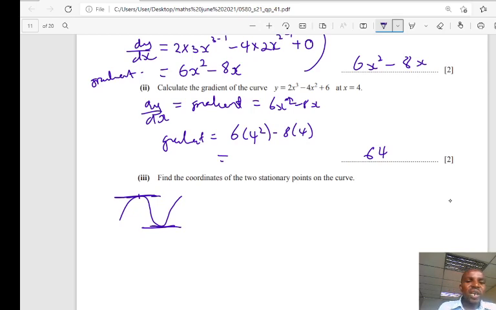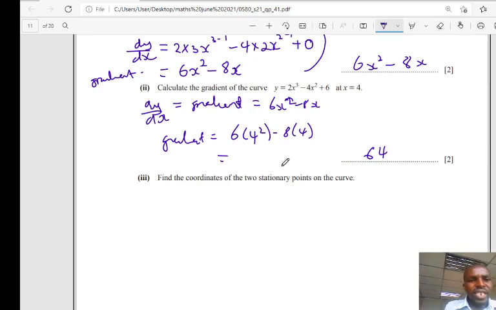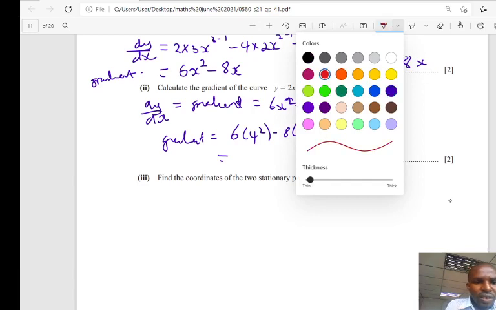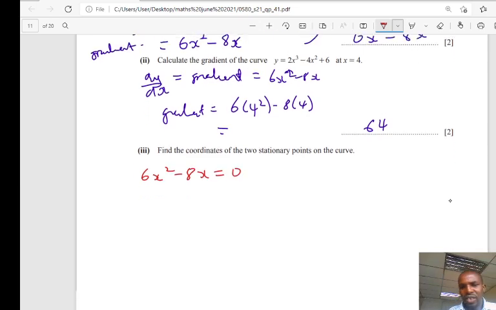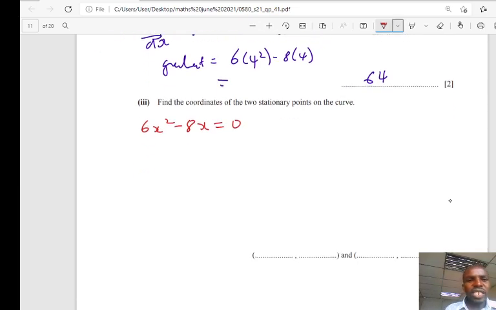So now let's find the coordinates of the two stationary points on the curve. We have our dy/dx here, it's 6x squared minus 8x. It says this one is equal to 0.